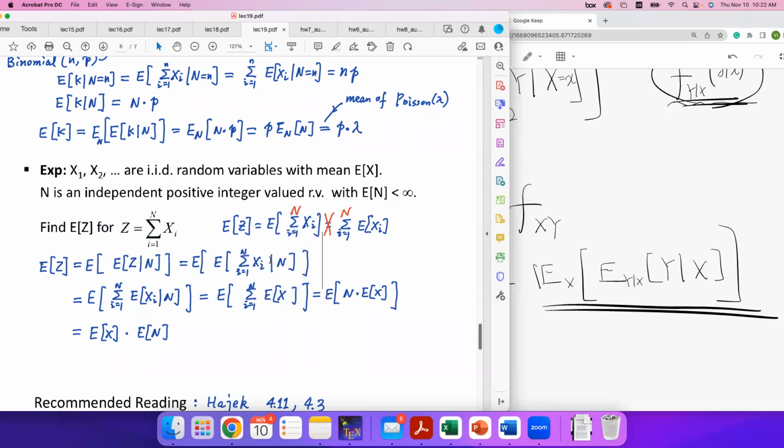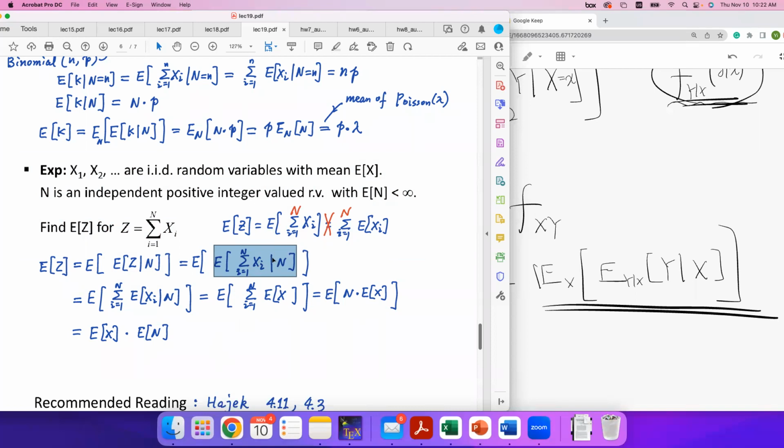Now, looking at the inner expectation, conditioned on n, this capital N is fixed, so we don't need to worry about the randomness of n anymore.